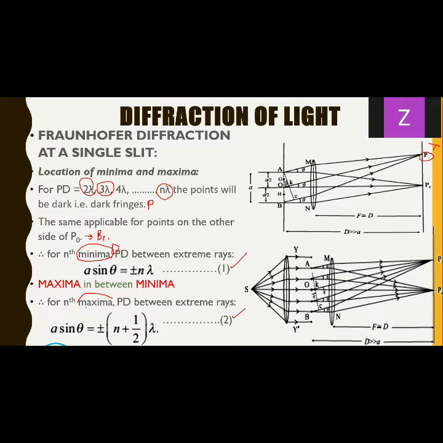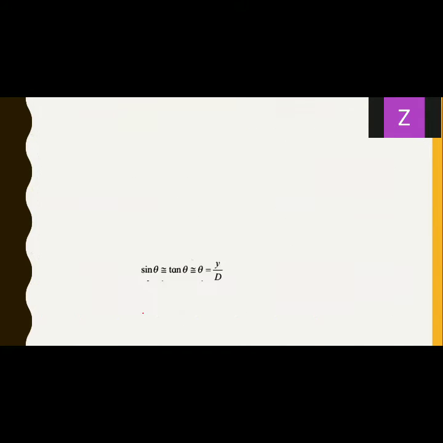Maxima means constructive interference means you get a bright point. That's it. So these two are the equations for dark and bright points, dark and bright fringes, dark and bright circles, whatever you call.